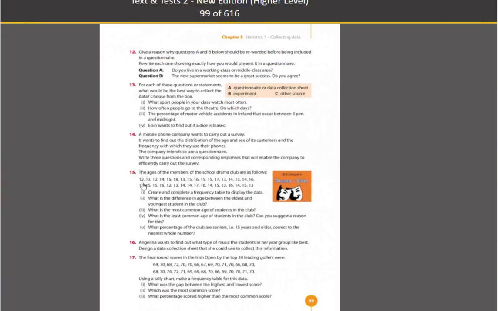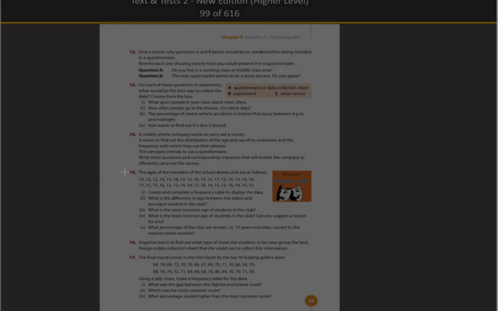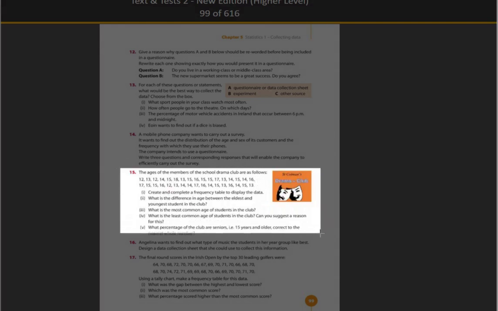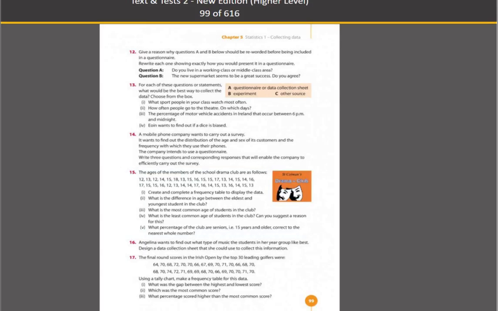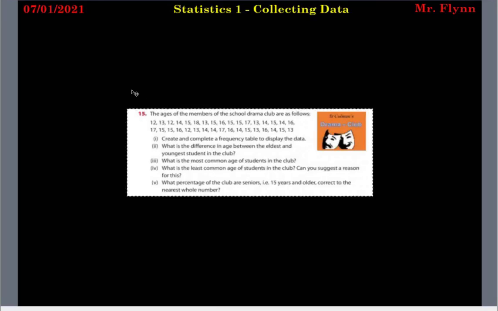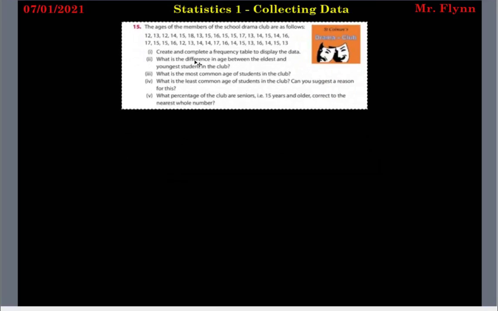You can see we've got numbers here, so I'm just going to copy this and come across here, and now we can work with that data.